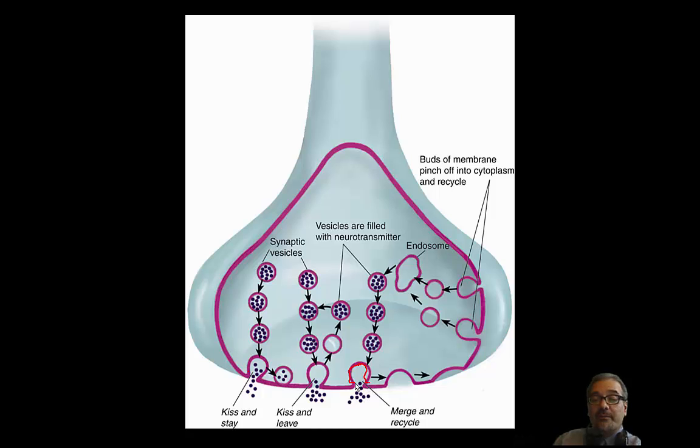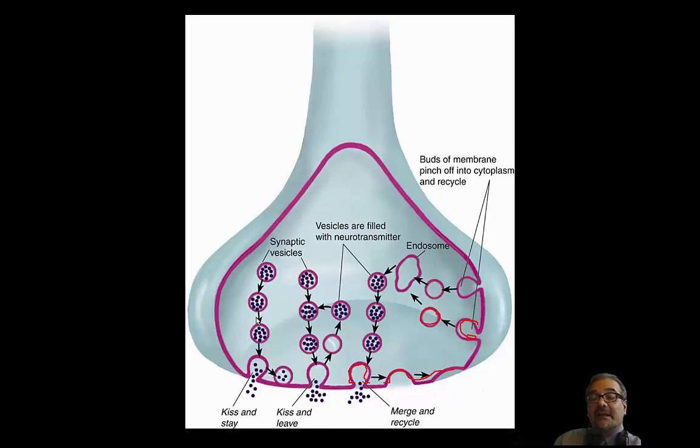The fusion pores open. The membrane then just takes the actual vesicle. The vesicle becomes part of the membrane, and then later on, buds of the membrane are pinched and recycled into the cytoplasm, recreating the vesicles. So this is called the merge and recycle process.